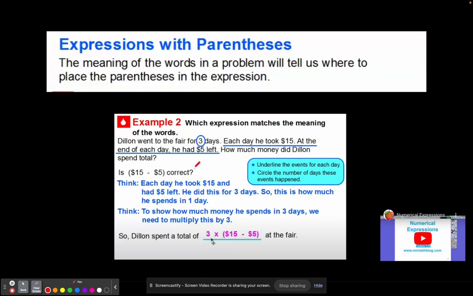It happened on the first day, the second day, and the third day. Each day for 3 days straight this happened, right? Each day he took 15 bucks and had 5 left. He did this for 3 days. So this is how much he spends in 1 day. Okay? To show how much he spends in 3 days, we need to multiply this by 3.